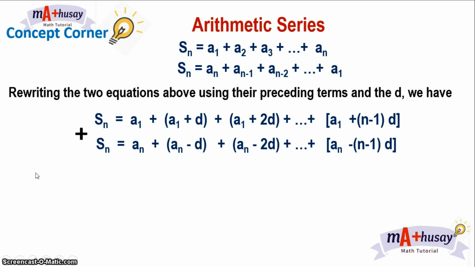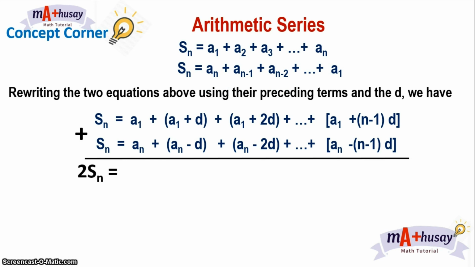Now, if we add these two equations, you will get 2s sub n equals, if you add a sub 1 and a sub n, you will have a sub 1 plus a sub n. Now, if you add the second term and the second to the last term, you will have a sub 1 plus a sub n because you can cancel d.